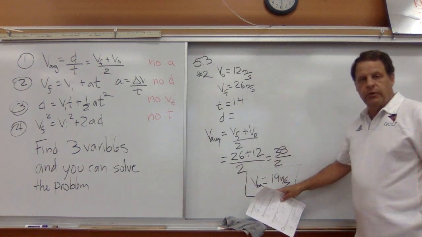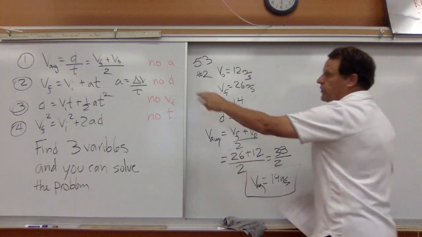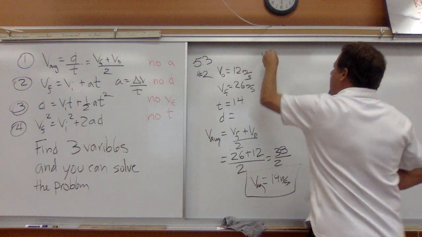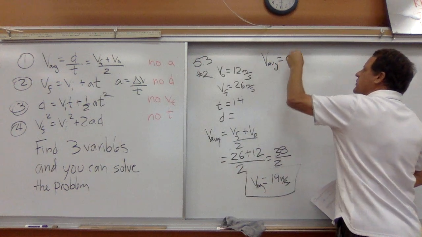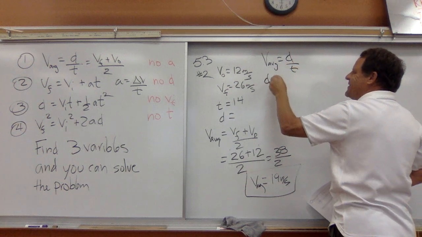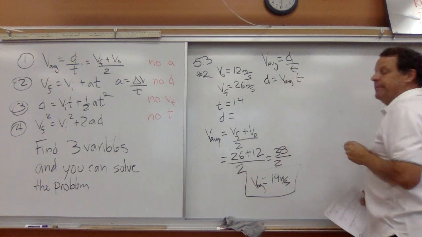That's not the answer to our question, because our question wants displacement. But now we're going to use this equation and solve for d. Average velocity is equal to distance divided by time. We rearrange this, and distance is equal to average velocity times time.